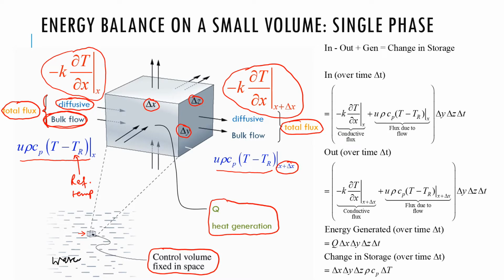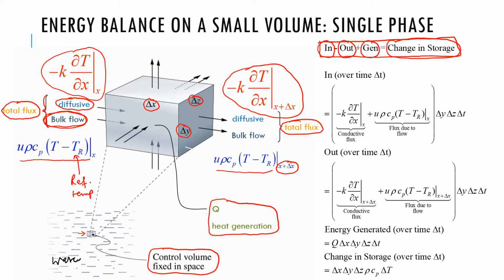So what we will do now is, just like we did for mass, we're going to do a conservation of energy. This is conservation of energy written in word form. What's coming into the control volume minus what's going out plus what is generated would be equal to the change in storage.